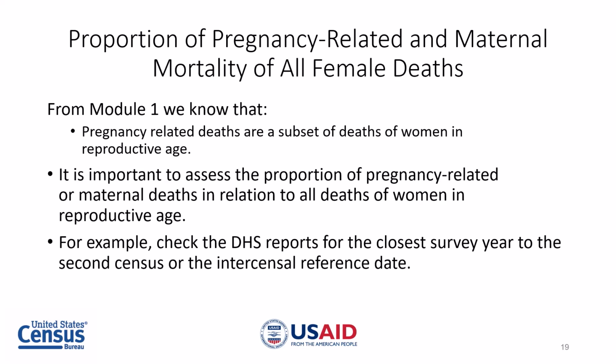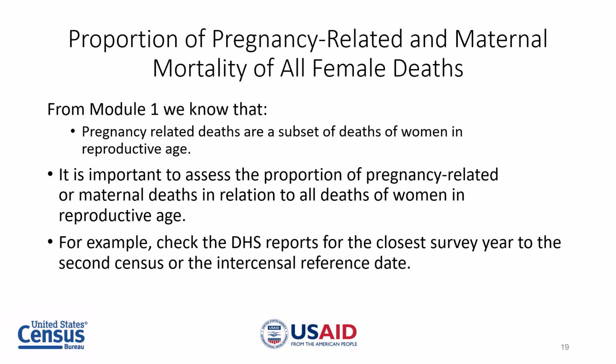From Module 1, we know that pregnancy-related deaths are a subset of deaths of women in reproductive age. We evaluate the proportion of pregnancy-related and maternal mortality via triangulation, by checking for regularities in our data and whether our results are close to estimations from other sources.